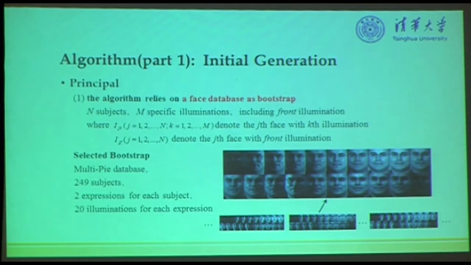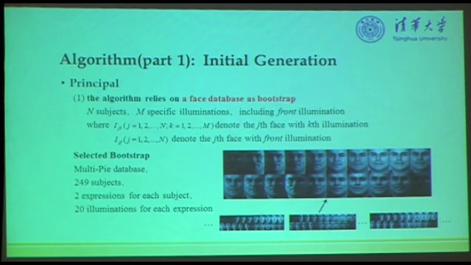So the first part of our algorithm is like this. We use a face database as our bootstrap. It contains multiple subjects and multiple specific illuminations. By specific I mean the illuminations won't change across the subjects. We selected the multi-PIE database as our bootstrap.